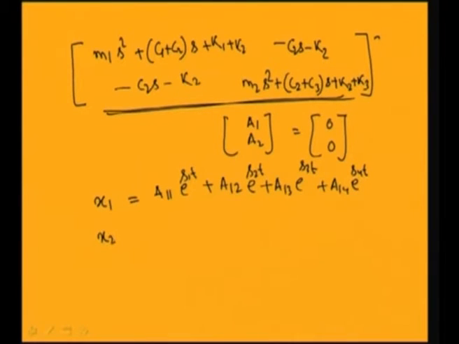Similarly, x2 will be equal to a21 e to the power s1t plus a22 e to the power s2t plus a23 e to the power s3t and plus a24 e to the power s4t.